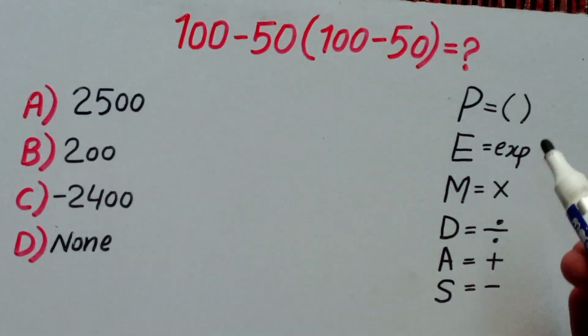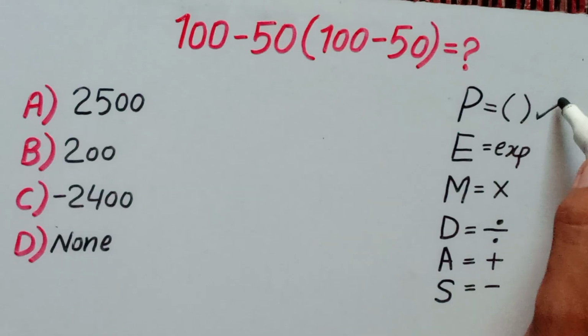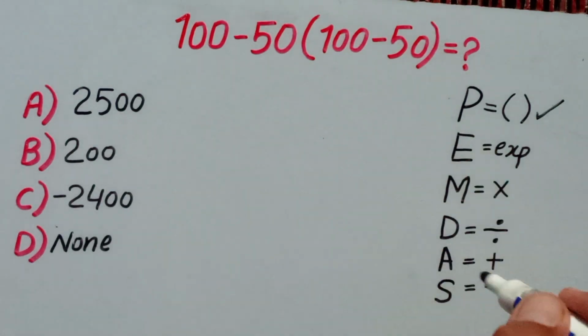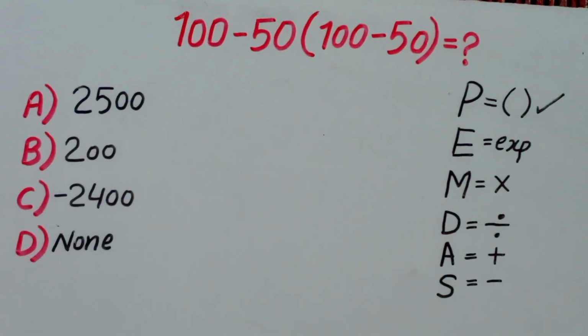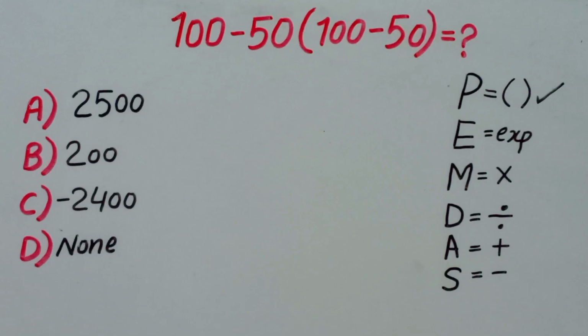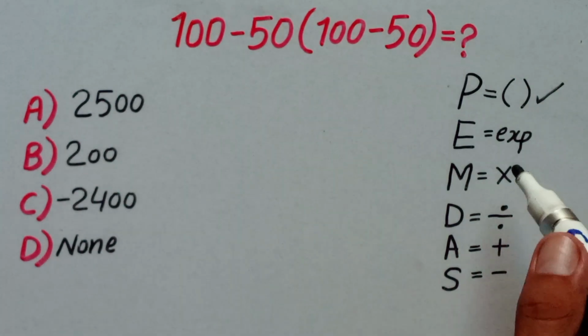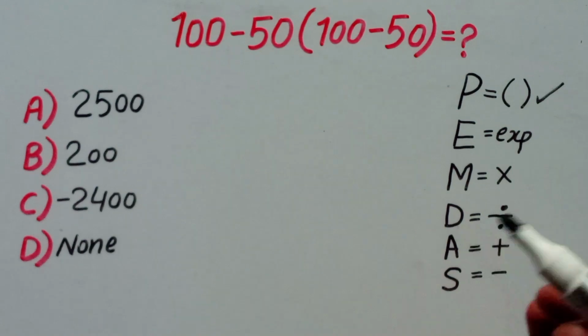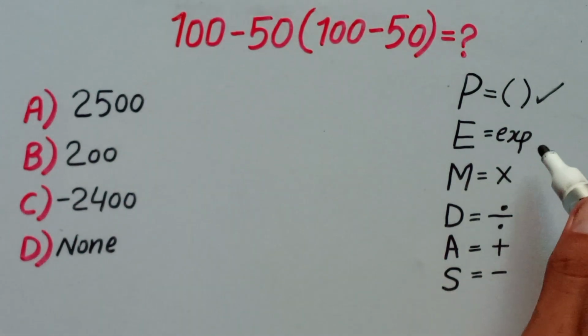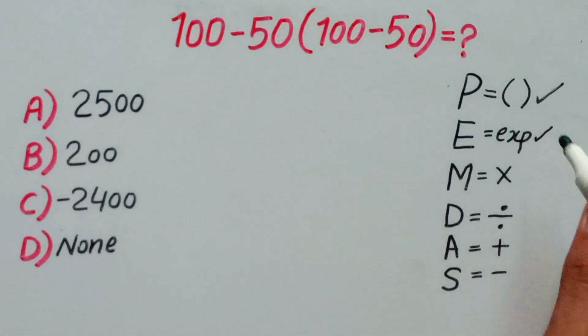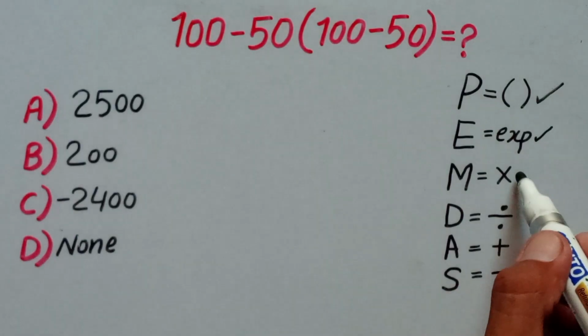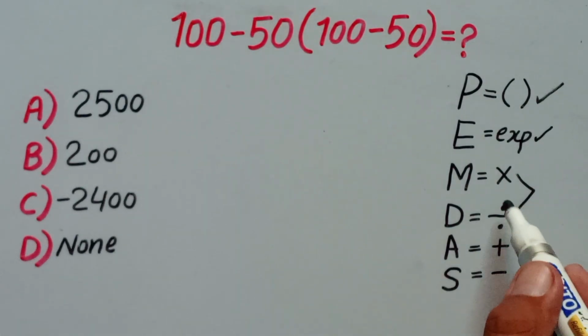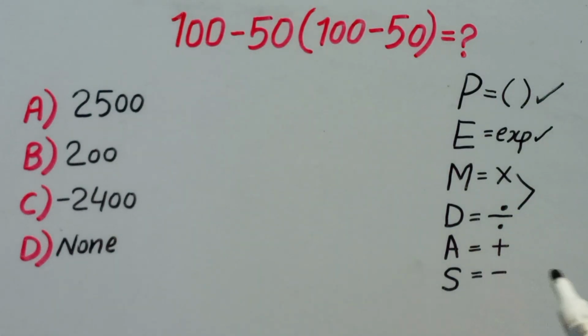Guys, in PEMDAS, parentheses have much higher priority than other operations like multiplication, division, addition, and subtraction. And guys, exponent has higher priority than other operations. But remember that multiplication and division have higher priority than addition and subtraction.